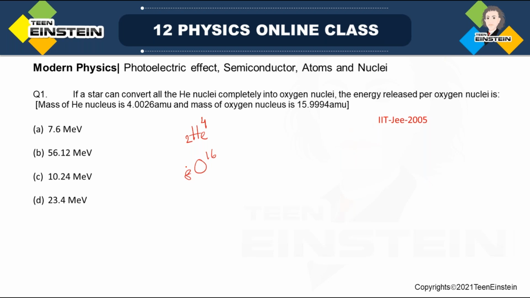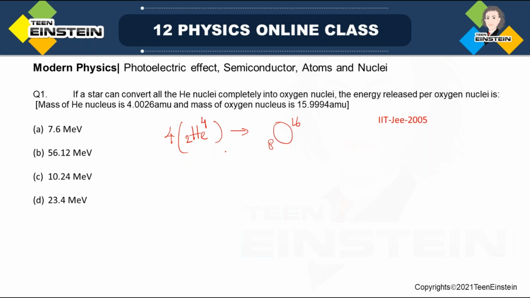So to get one oxygen nucleus, how many helium nuclei will be required? So 4 such helium nuclei will give you one oxygen nucleus. So now it is easy.